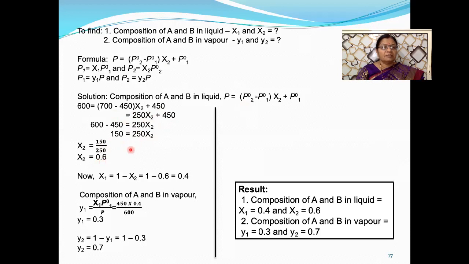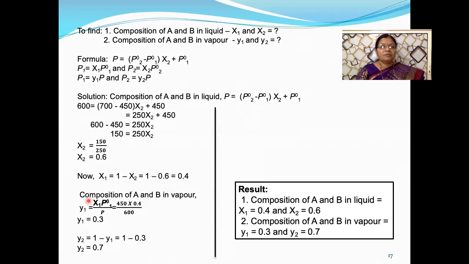So by simple calculation, the mole fraction of the second component is 0.6. Now if the value of X2 is known, it is easy to calculate X1, because X1 plus X2 is equal to 1. So X1 becomes 1 minus X2, that is 1 minus 0.6, which is 0.4. So this is the composition of components A and B in the liquid state.